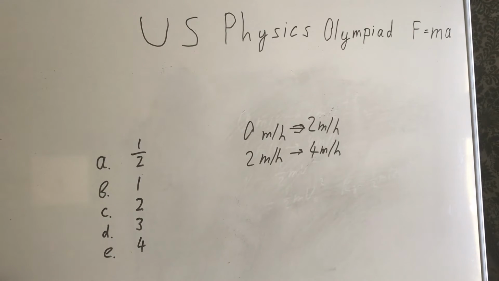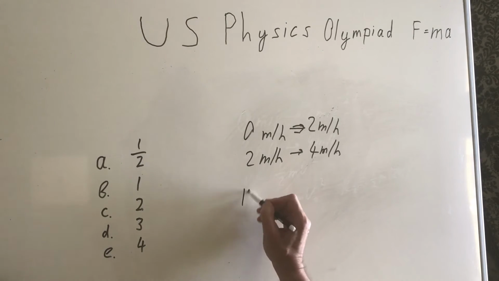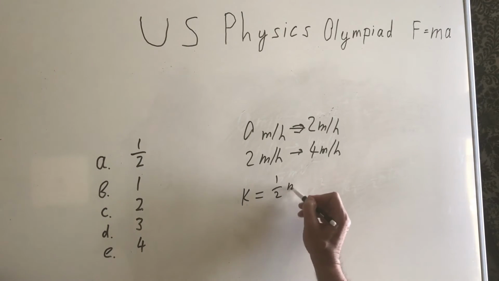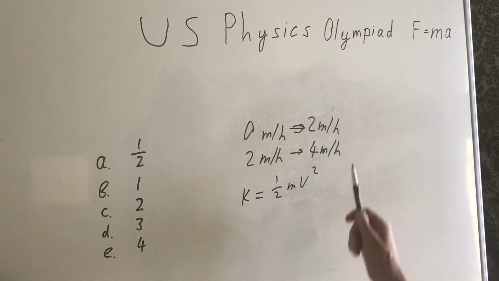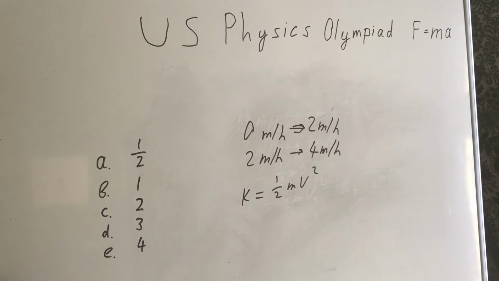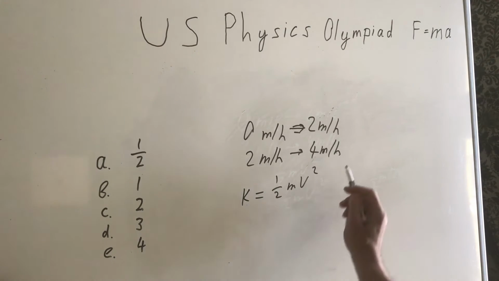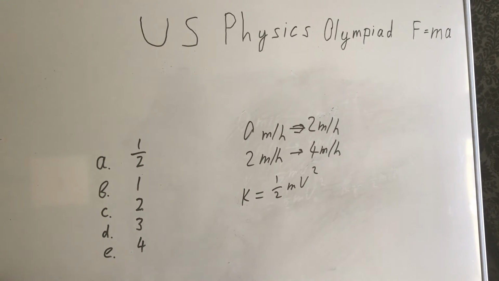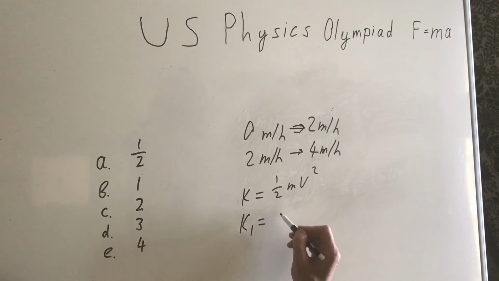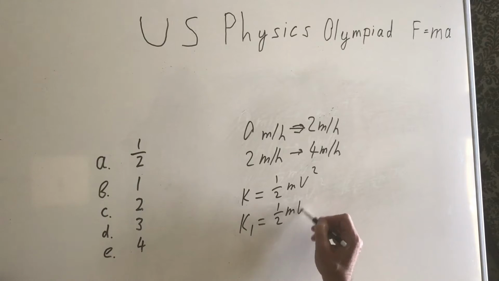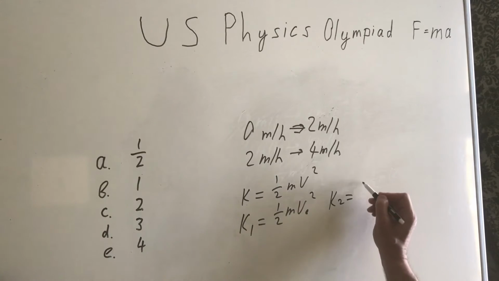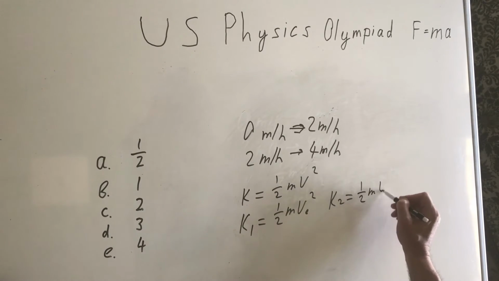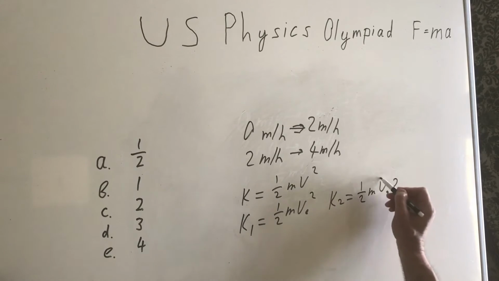So the formula for kinetic energy is K equals 1/2 m v squared. We see that in the first case we are taking energy, let's say with a speed v0, and next with a speed 2v0. So we have K1 equals 1/2 m v0 squared, and K2 equals 1/2 m (2v0) squared.